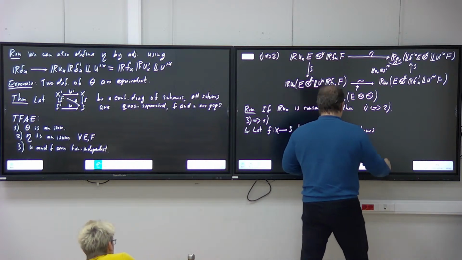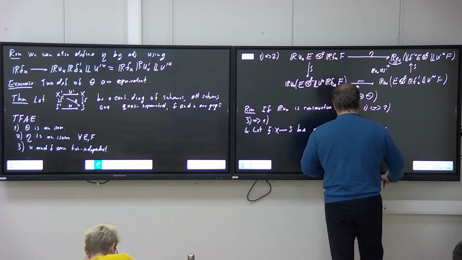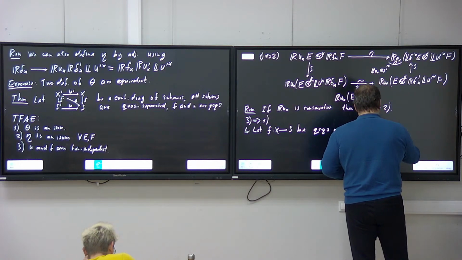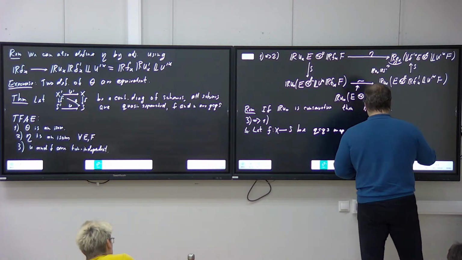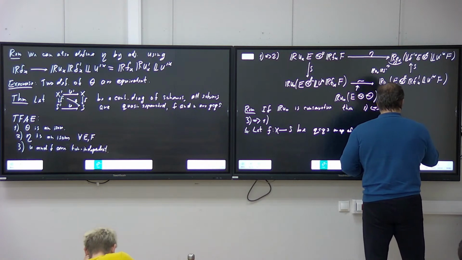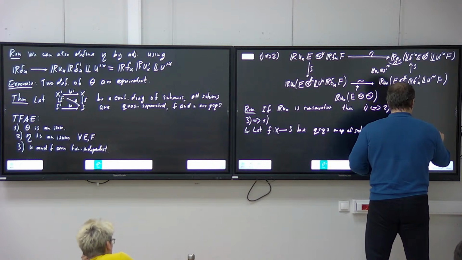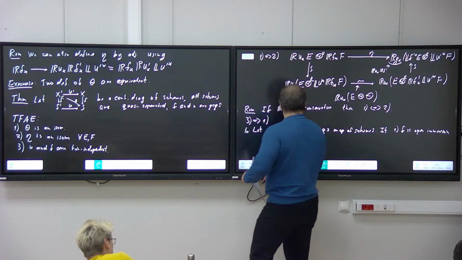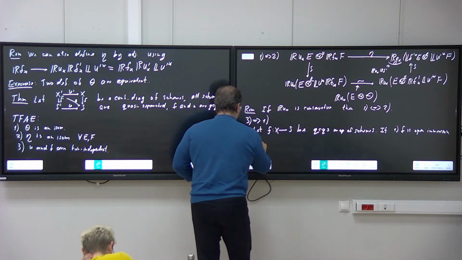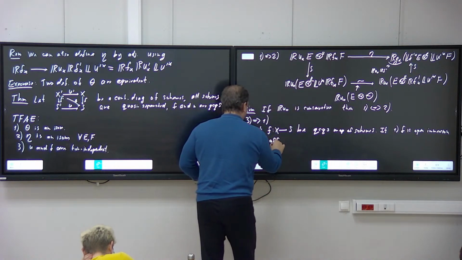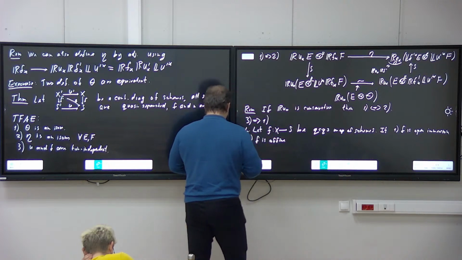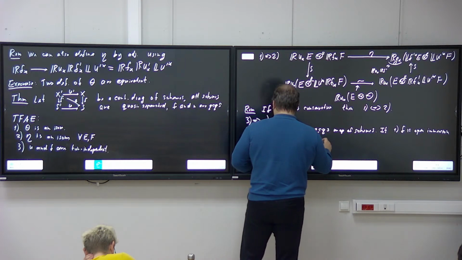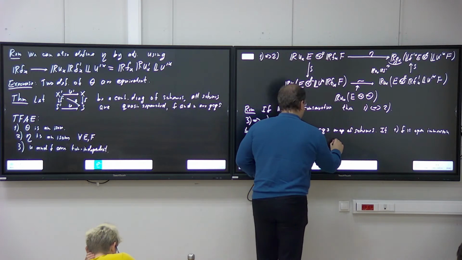If one of the following 2 conditions is satisfied: first, f is an open immersion, or second, f is affine, the special cases, then RF lower star is conservative.